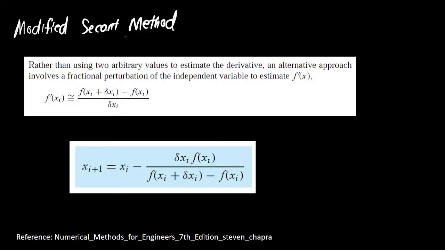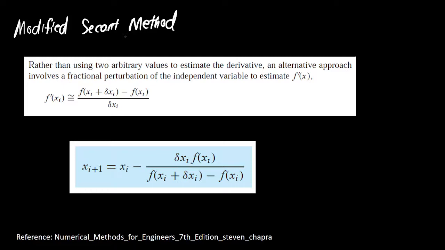So the modified secant method. What happened is because of the issues of the Newton-Raphson and the secant method. In Newton-Raphson, you need to derive the equation. In the secant method, you need at least two initial guesses.